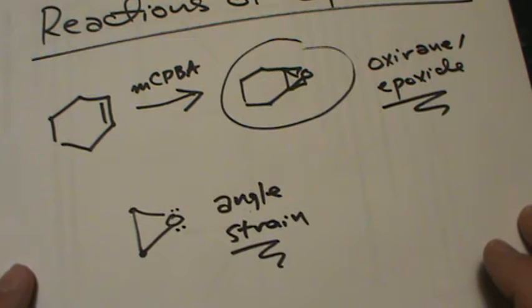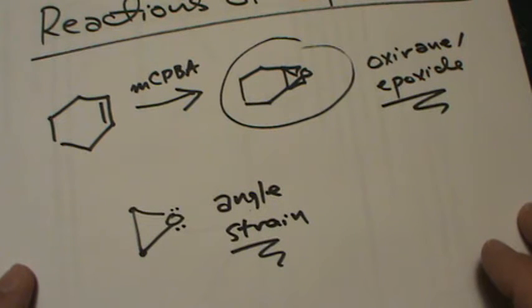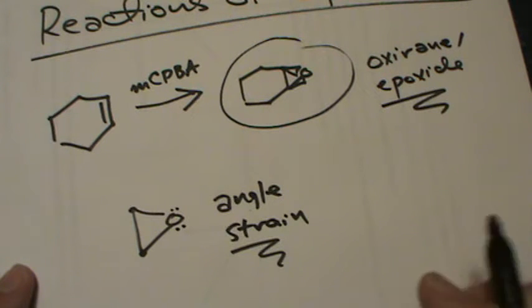It's going to turn out that it will be possible to hydrolyze oxiranes to vicinal diols.